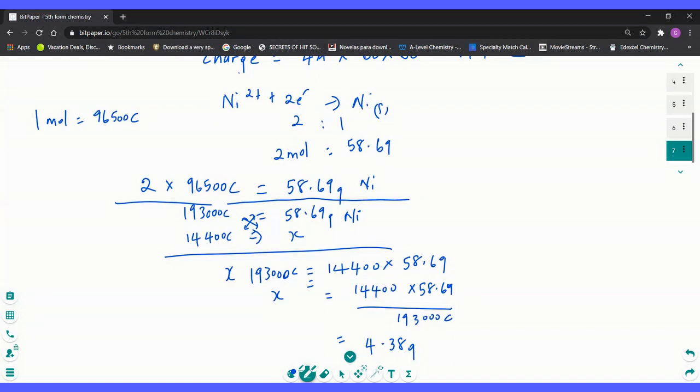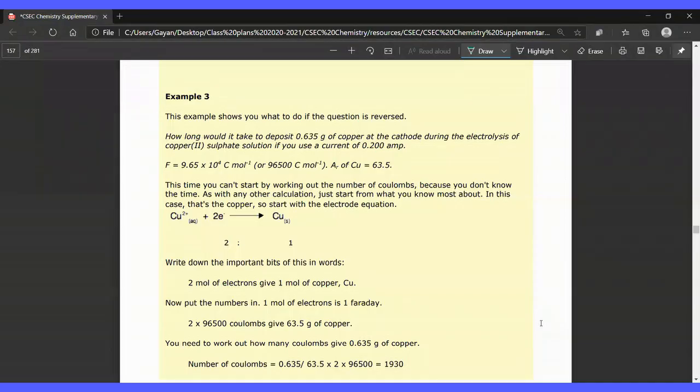Finished? All right, so go to your notes. I'm on page 156 of the notes. So 156.